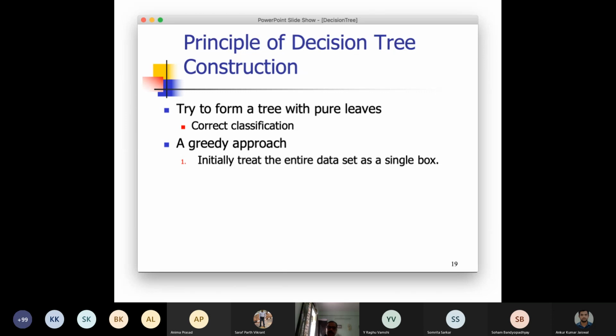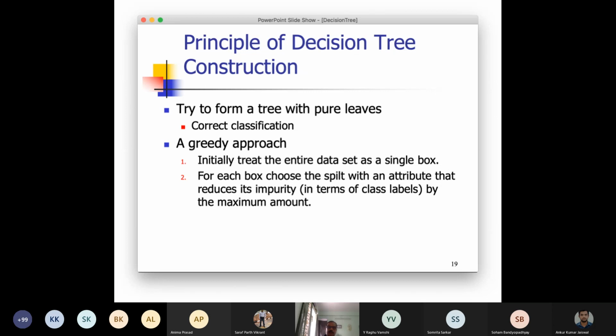A greedy approach that I was mentioning could be like this: initially you treat the entire data set as a single box, in the two-dimensional classification example with respect to coordinates. Then for each box, choose a split with an attribute that reduces its impurity.